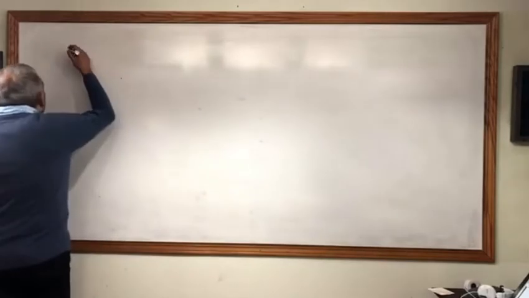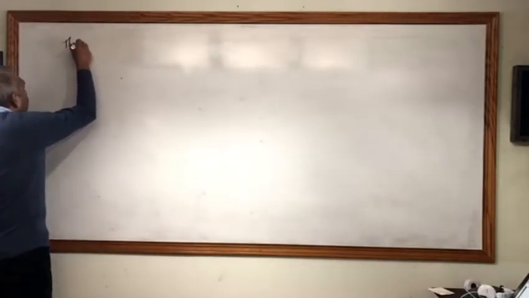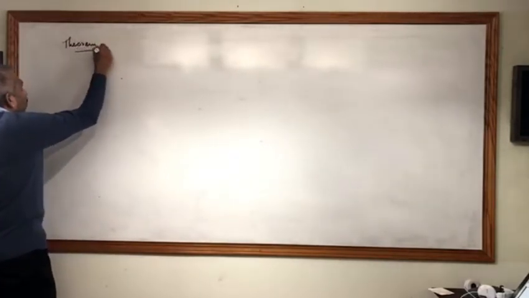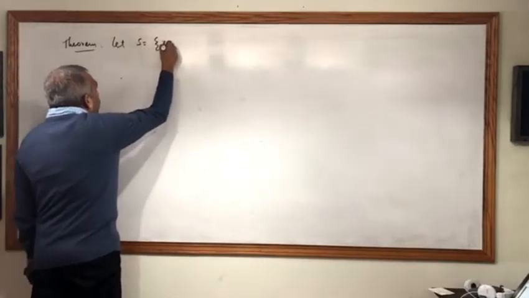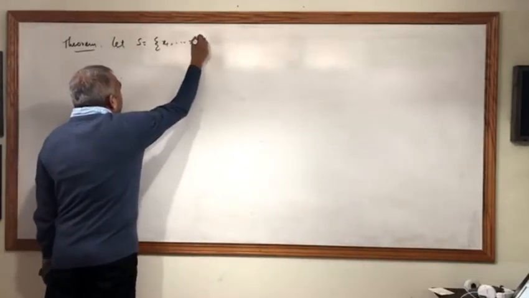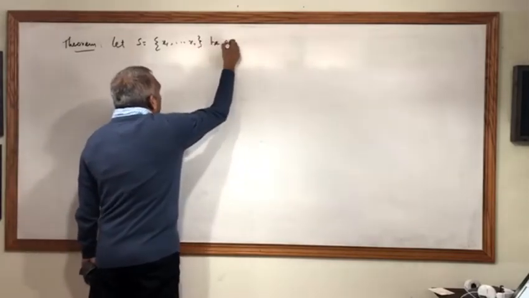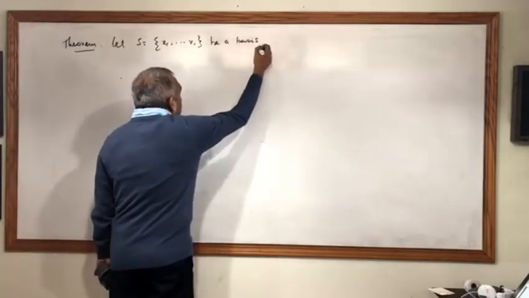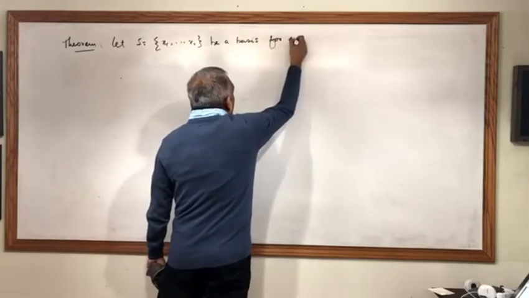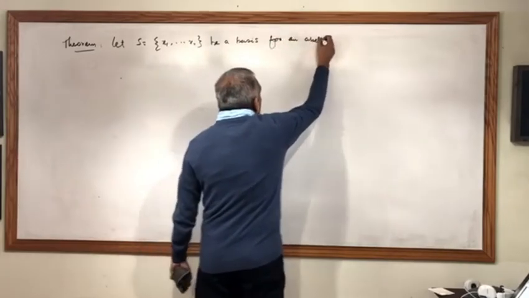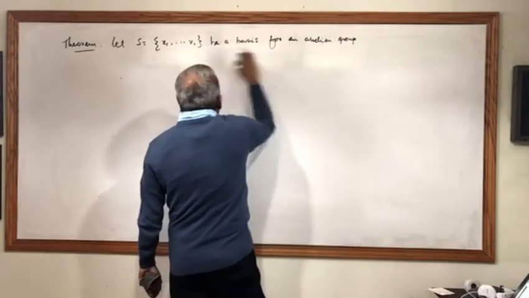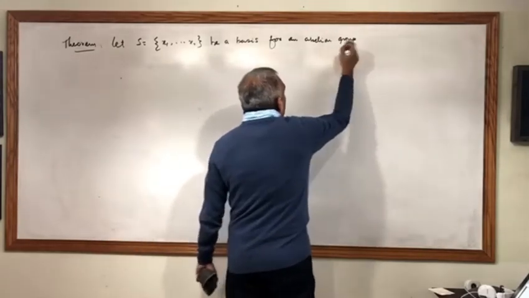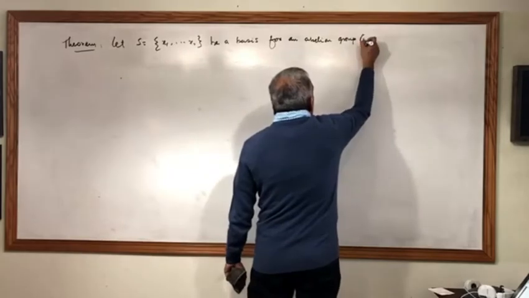So the result is like this. Let S equal to x1, ..., xr be a basis for an abelian group. If it's a basis for an abelian group, that means this is a free group.